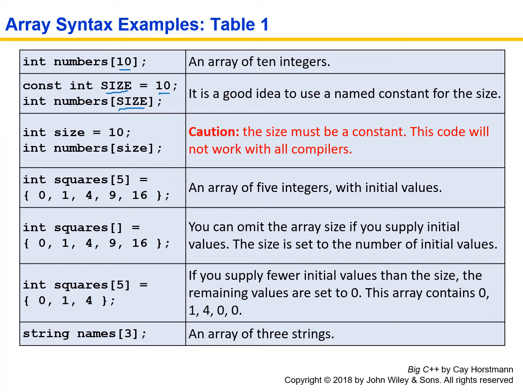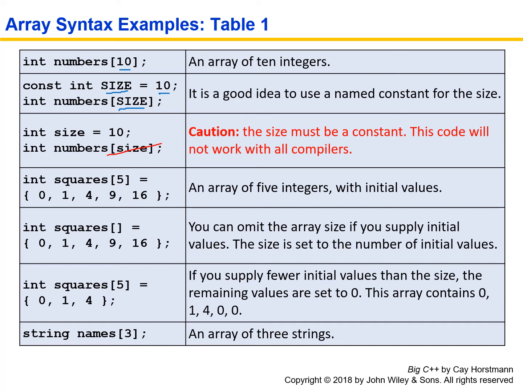Note that it won't work to make a non-constant integer size equals 10, numbers at size. This will not work because the compiler needs to know a constant size for the array at compile time, and this way it looks like you might change size at some point in the program, and that would affect the size of your array, and that's not legal.